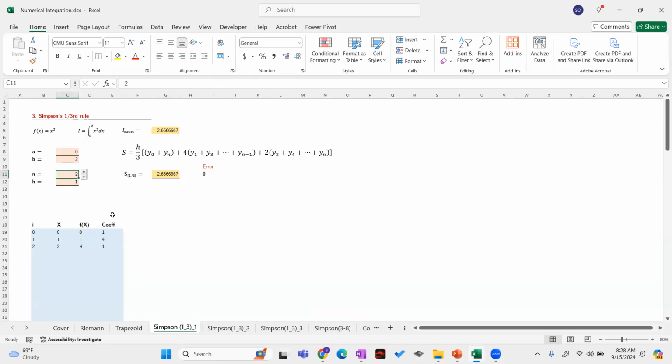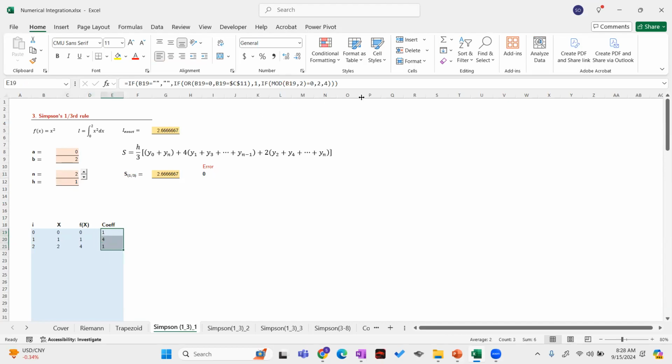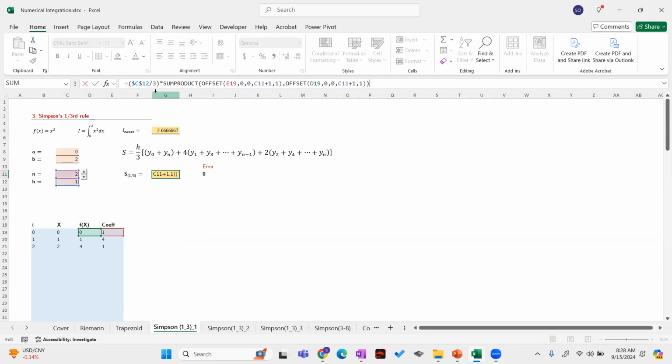It's probably the worst approximation that you can generate. 2 is the bare minimum. Even with 2 steps, I am able to match this exactly. No error. Let me show you the sum. It's the sum product of this vector and this vector multiplied by h by 3, right? That's the formula. And it is giving me the exact value.